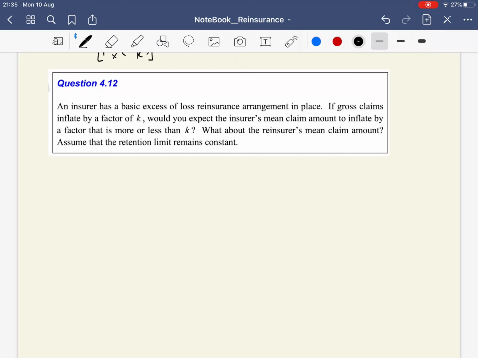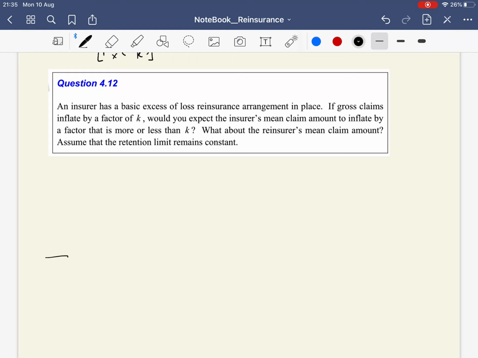The question we have here is a big question in this topic, which is: what is going to happen after 1 year with this inflation, if we keep the retention, the retention limit, the same?